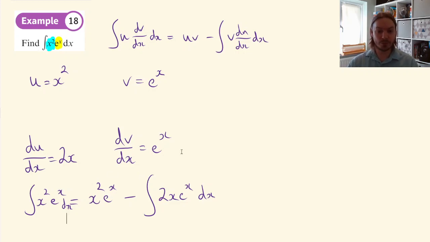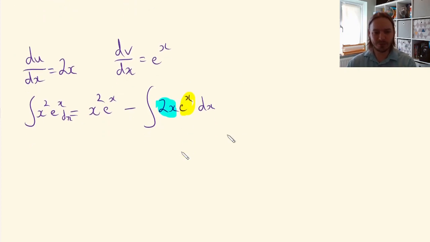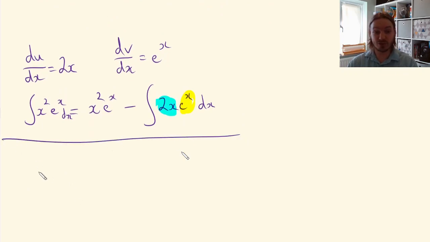However, what we can do is have a look at this and recognize this is still a product of two terms, and therefore I can just reapply integration by parts. So I'm going to draw a little line under that, and I'm going to start over with just this thing, the integral of 2x e to the x.